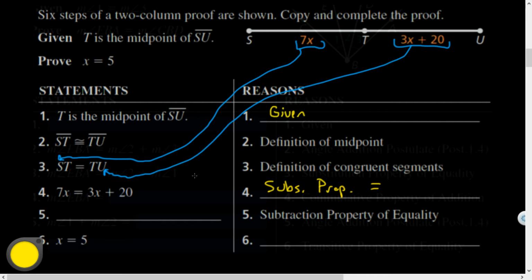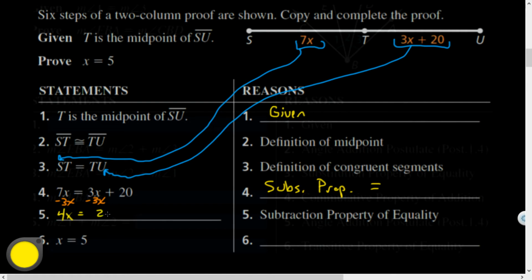Now, here they're telling us my next move was subtraction property of equality. They don't write this move, but what they would have been subtracting was 3x from both sides. 7x minus 3x is going to equal what? How many x's? 7 apples minus 3 apples is 4 apples, right?